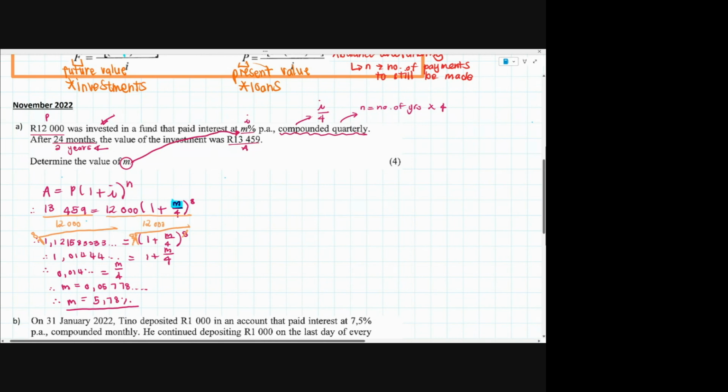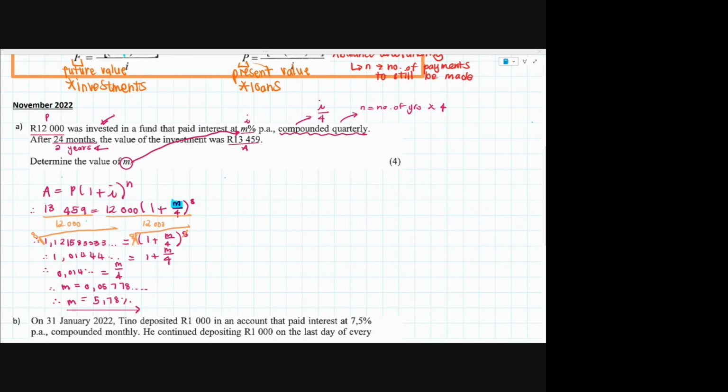So this person, if they invested 12,000 Rand and wanted to get 13,459 Rand out of that investment, they would have to invest it at an interest rate of 5,78% per annum compounded quarterly. And that will give me my output.